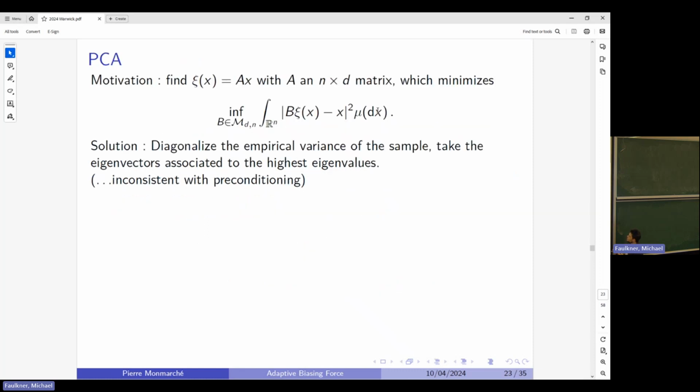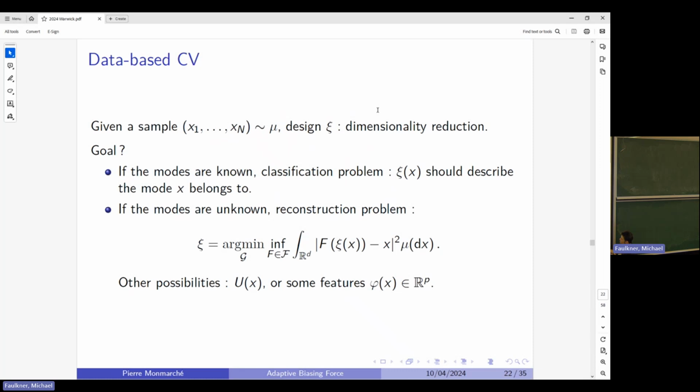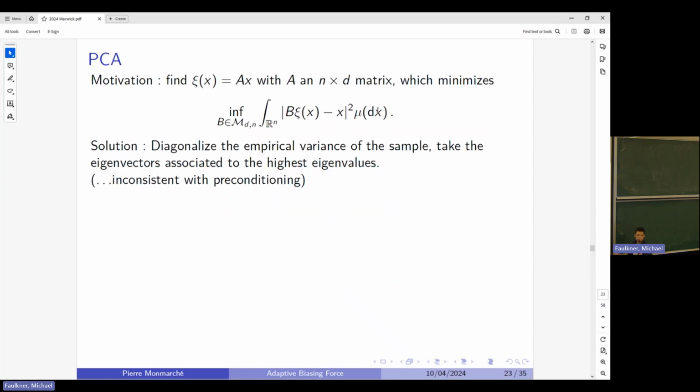And what I'm saying is that if you restrict the spaces f and j to linear functions, this is what PCA is doing, because you want xi of x to be linear, so given by some matrix of low rank because n is much smaller than d, such that there exists a matrix B which reconstructs x up to this minimal error, and the solution is clearly to diagonalize the variance of mu here. You want to suppress the directions which have the highest contribution to the variance.